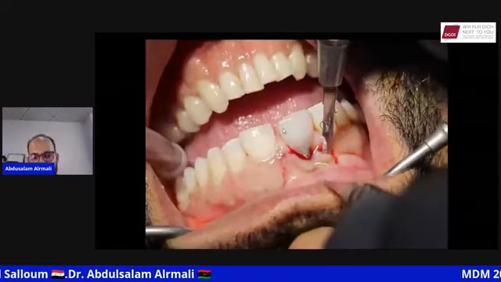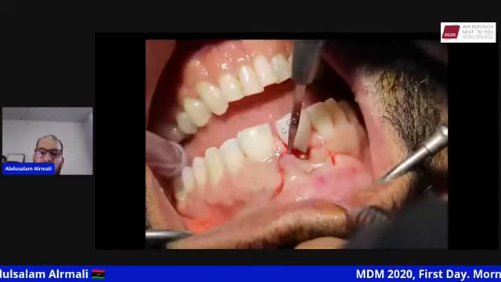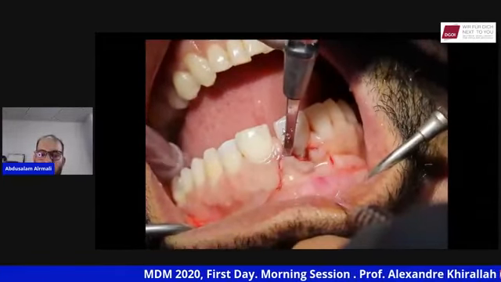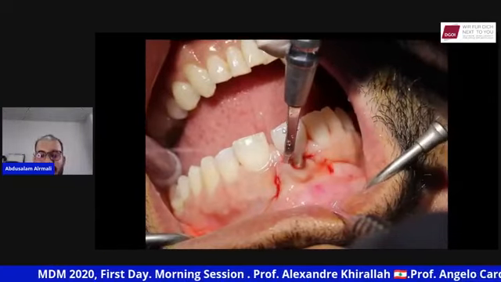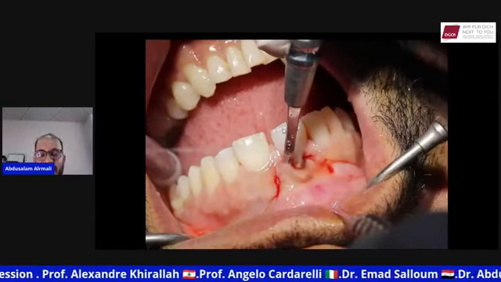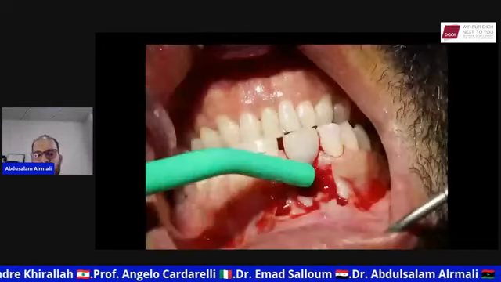So this is the key. You have to split the papilla in two parts, surgical and anatomical, and try to split the flap in uniform thickness, maintaining an adequate part of keratinized gingiva in the flap.